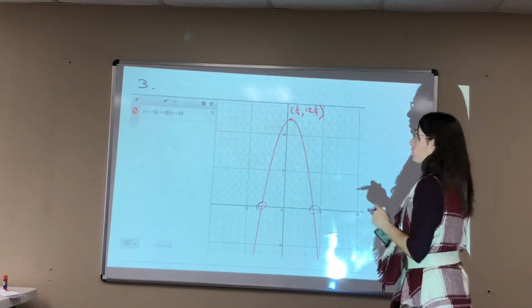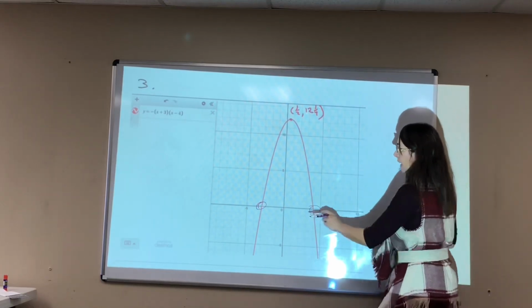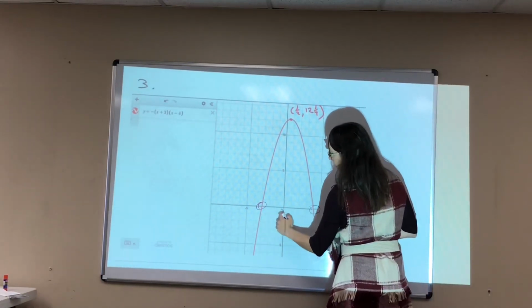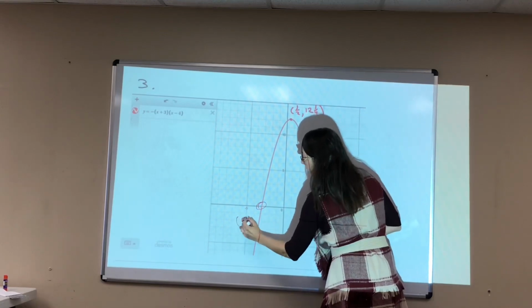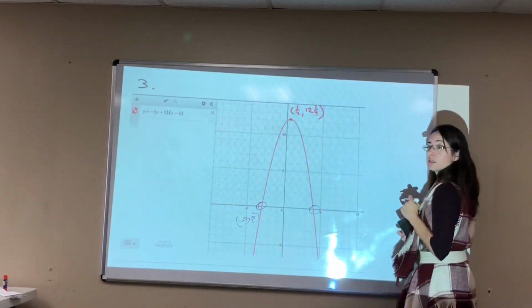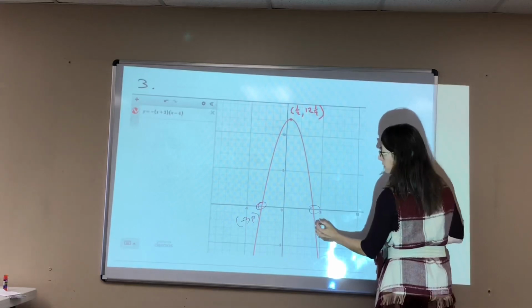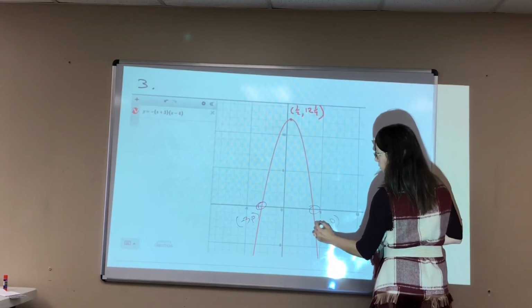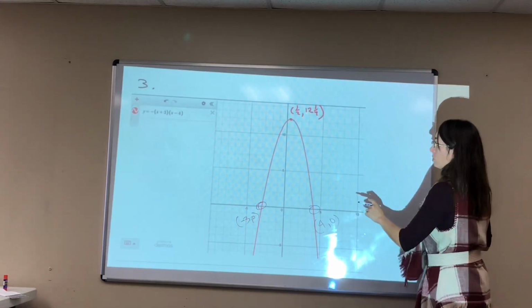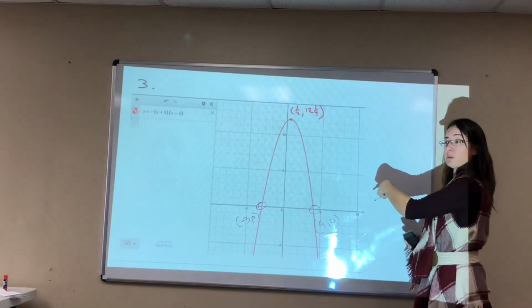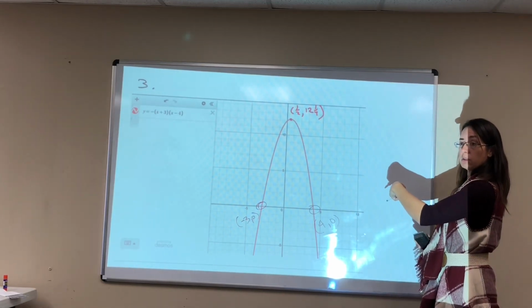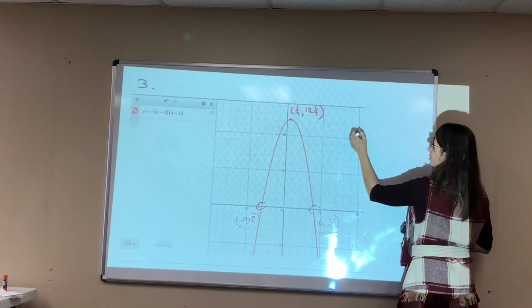When I'm given my solutions in factored form, I could say that this is -3, 0, correct? This guy is 4, 0. So can I write the equation for this quadratic? Yep.